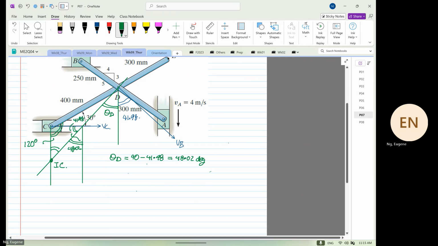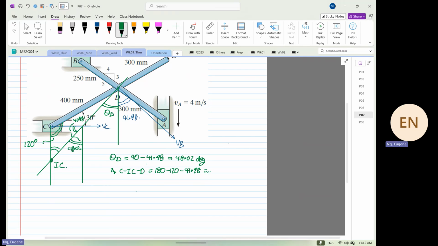So we can find our angle C, IC, D. This is equal to 180 minus 120 minus 41.98, which I get as 18.02. Is it?